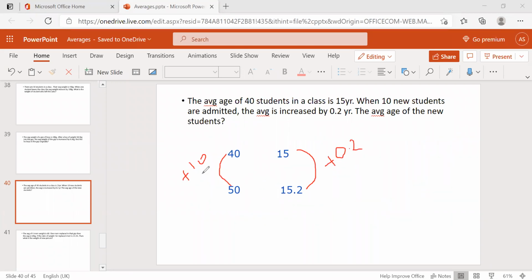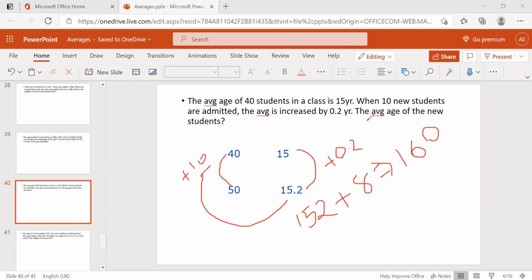Okay. 10 into 15.2, it's nothing but 152, plus 0.2 into 40. 0.2 into 40 is nothing but 8, right? So the total age of the new 10 students is nothing but 160.